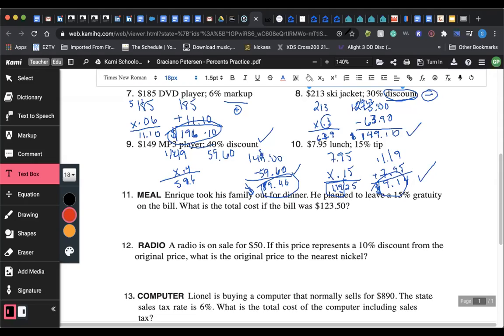Very good. All right, next up is 11 with Toya. This is the word problem. I'll go ahead and read it. It says, Enrique took his family out for dinner. He planned to leave a 15% gratuity on the bill. What is the total cost if the bill is $123.50?